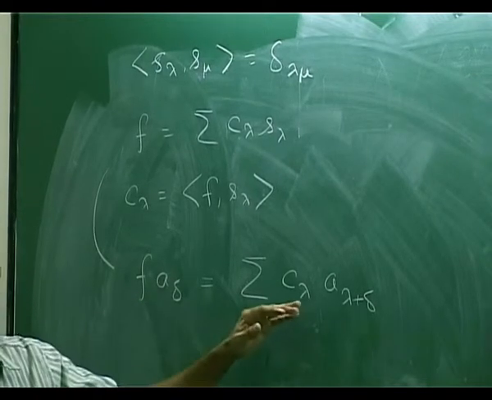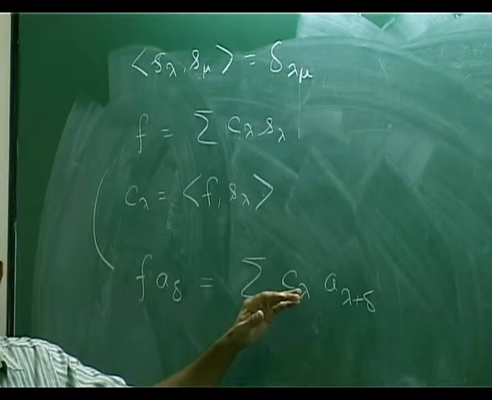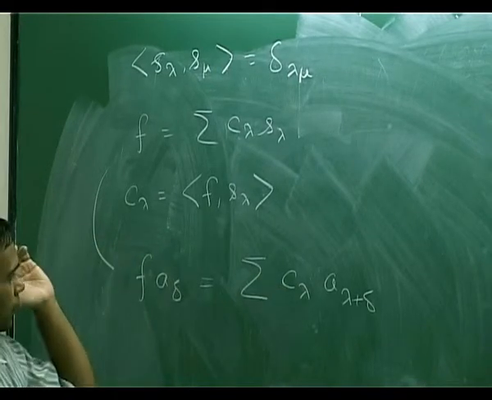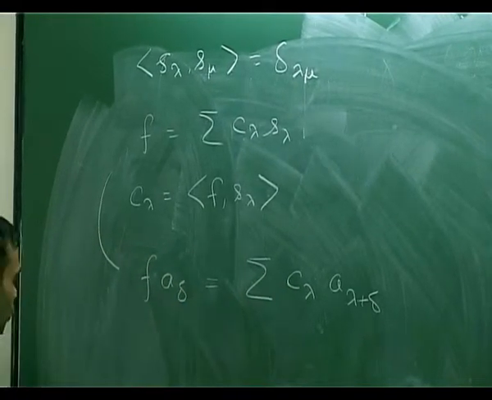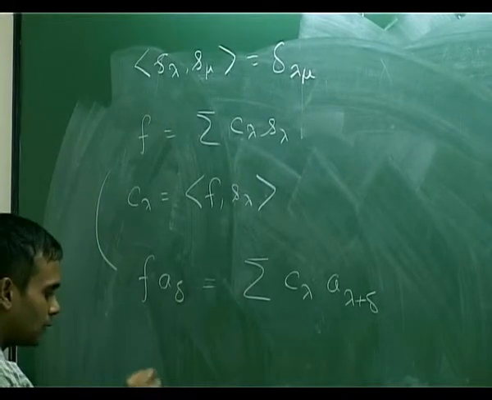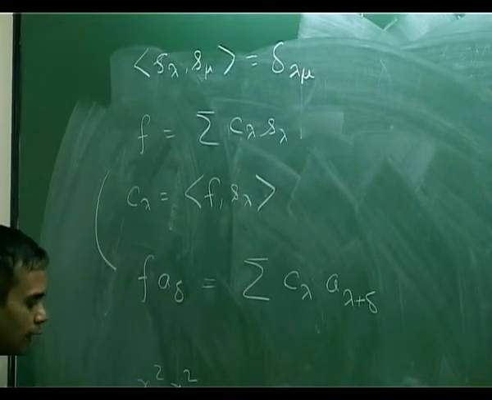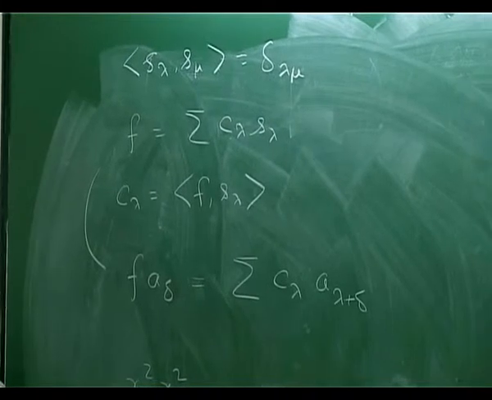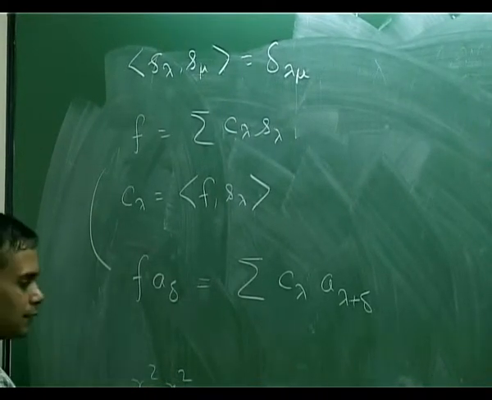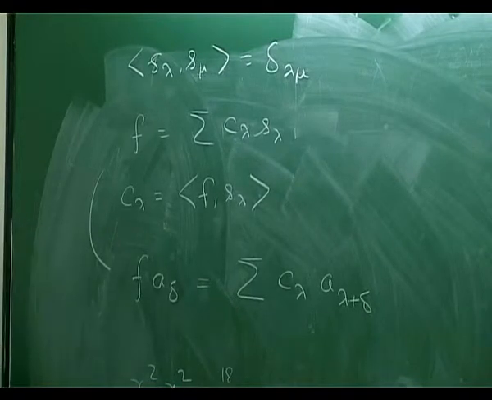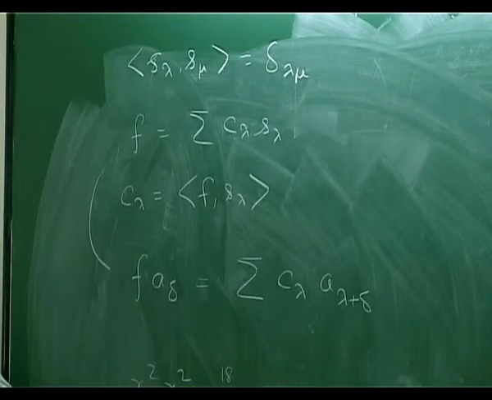Now both sides are alternating polynomials. The first thing to note is that if you have an alternating polynomial, you cannot have monomials like x1 squared, x2 squared. You can't have monomials where two variables are raised to the same power, maybe even x3 to the power 18. It doesn't matter what the other variables are raised to.